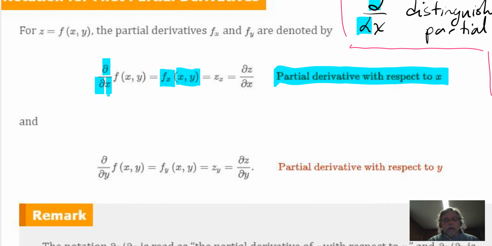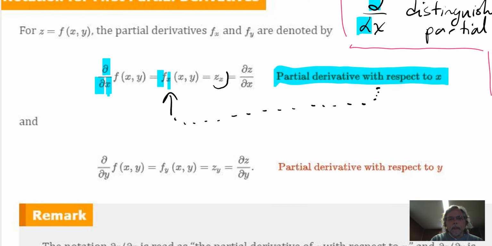But it's a good notation for functions of multiple variables, because you're going to do a derivative with respect to one variable or the other. So to say you're going to do a derivative, you write the name of the function with a subscript, and that subscript is the variable, be it x, as it is here, or y, that you're differentiating with respect to.